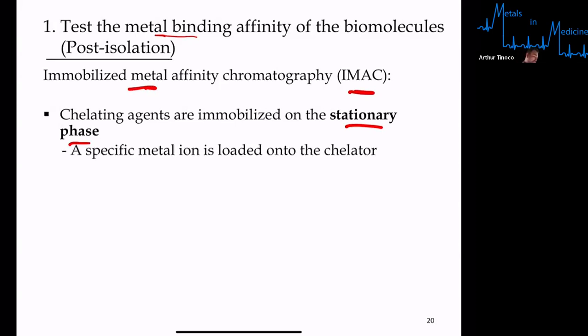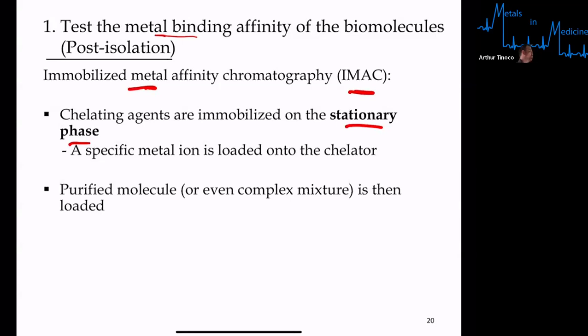Okay, and then on that chelating agent, we're going to bind a particular metal, a specific metal that has an affinity for that chelator. For us to design this well, we have to be very familiar with hard-soft acid-base theory, so we know what would be a good chelator-metal pair. Then we will take our purified sample, whatever biomolecule we're interested in observing its binding to that metal of interest.